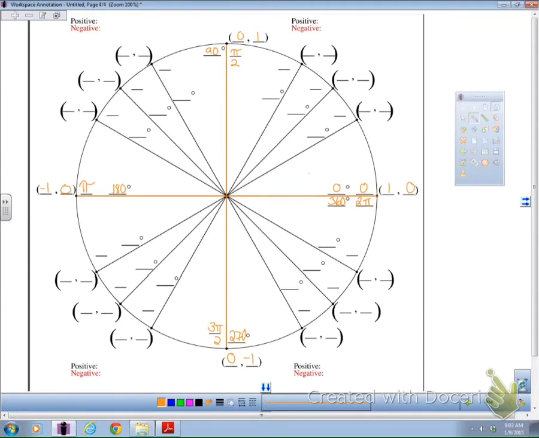Our next family we're going to do is the pi over 4, the 45 degree family. Now remember, yesterday we talked about reference angles, and the reference angle is how far you are from the x-axis. All the angles that are 45 degrees from the x-axis are in the 45 family. So these two, I'm doing mine in pink, and these two. Highlight those crisscrosses.